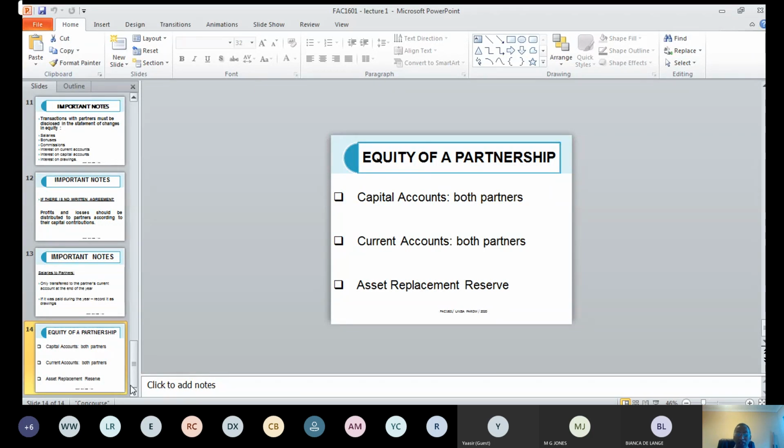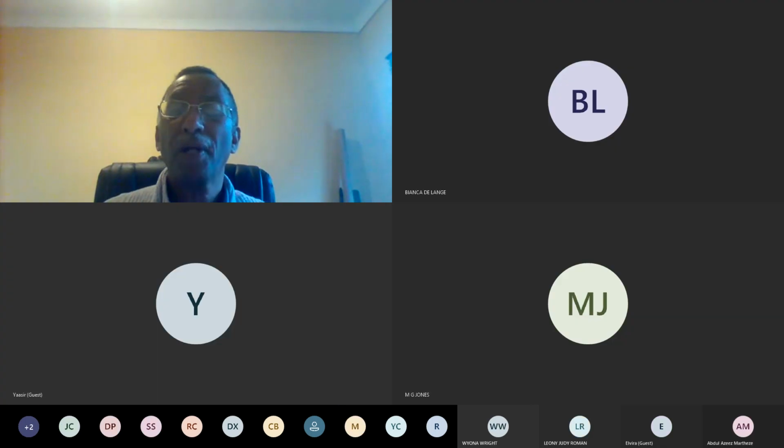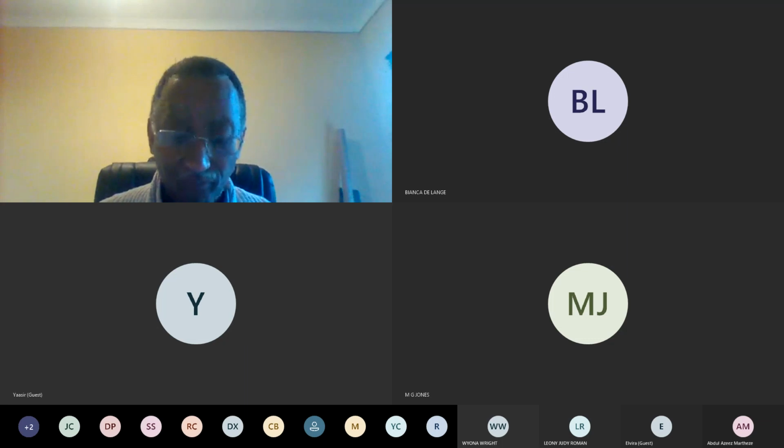Another example of the use of your asset replacement reserve is that you can have a partnership that is renting a portion of a building from somebody else, but they are thinking of buying their own property in the future, and now they are saving up for that.